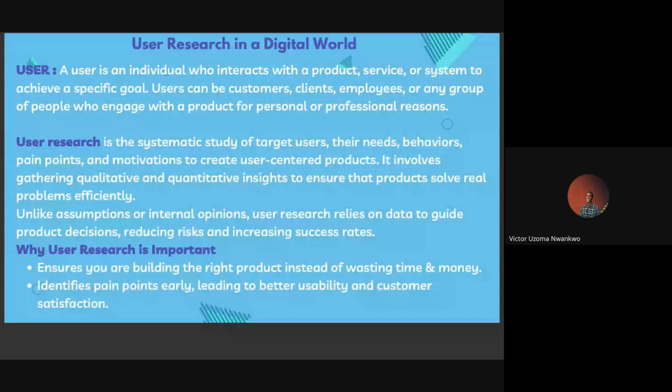A user might be someone who uses the free version of that product, and then a customer is one who subscribes to that product. Another interesting definition.